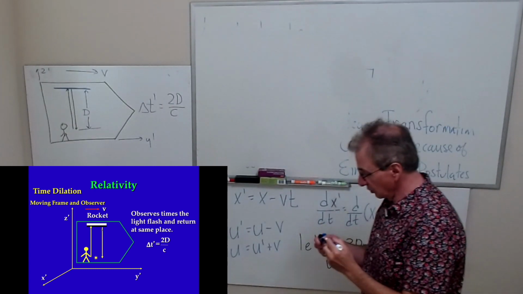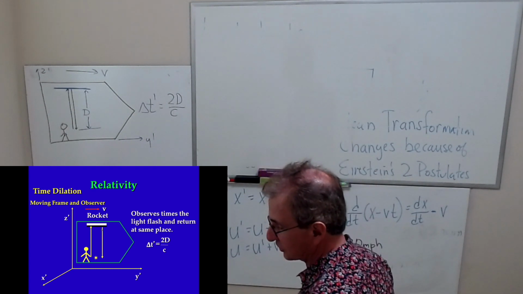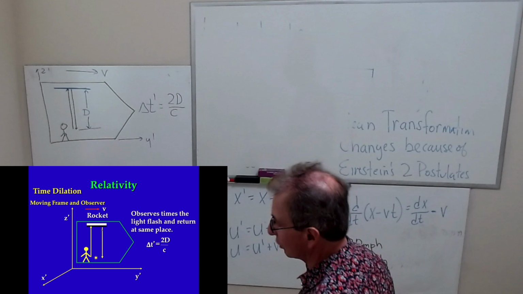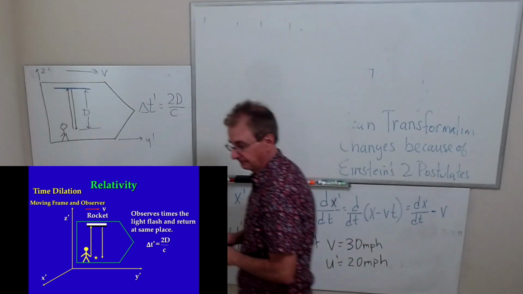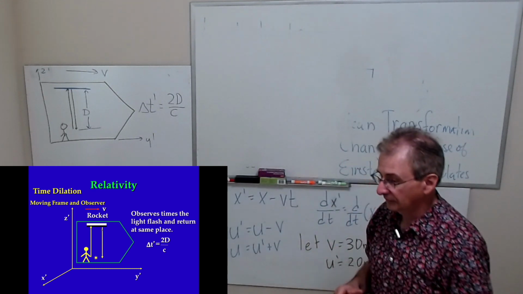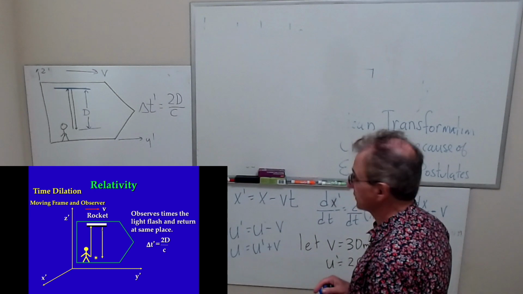So that rocket's moving to the right, according to us. We're stationary. We watch that rocket go by. That person measures this time interval. And that seems fine, right? There's nothing that doesn't make sense there, right?